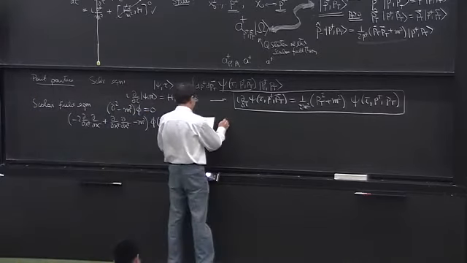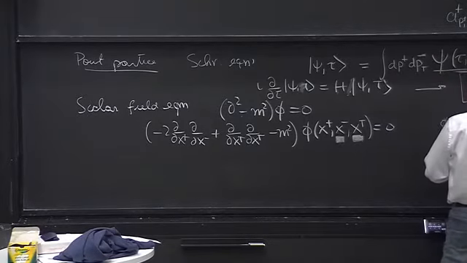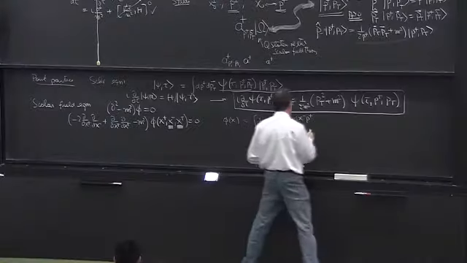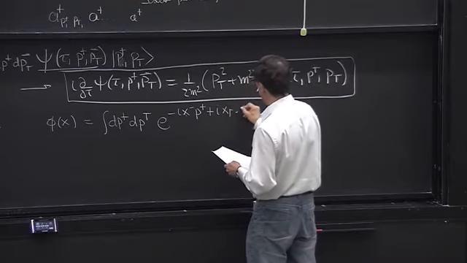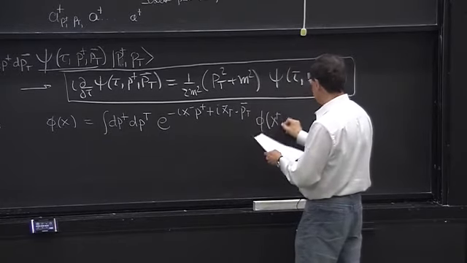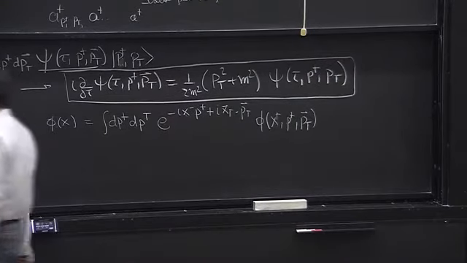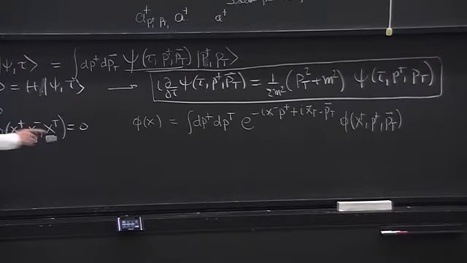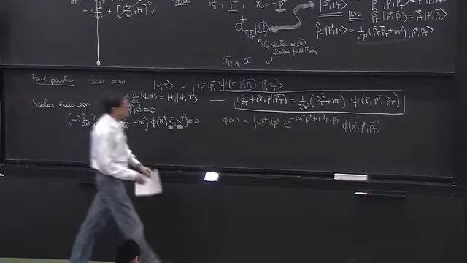So we'll write phi of x equals integral dp plus dp transverse e to the minus i x minus p plus, you're Fourier transforming in x minus, plus i x transverse p transverse, phi of x plus, p plus, p transverse.